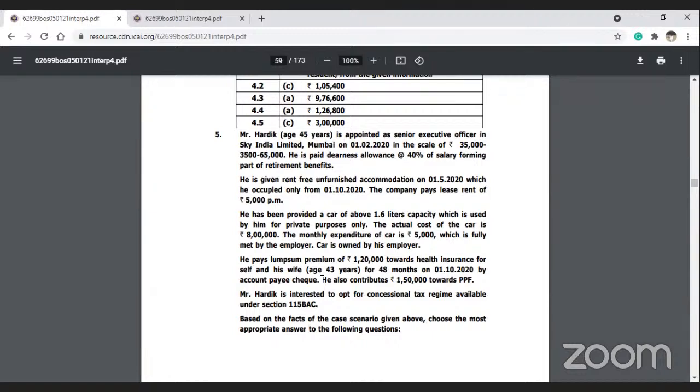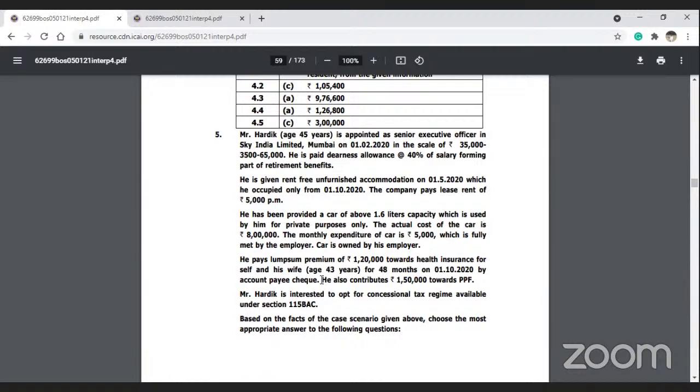35,000 for 4 months, and you can add both and take 40%, na? I did like that. 38,500 for 2 months, that is 86,800. Total is 3,03,800.